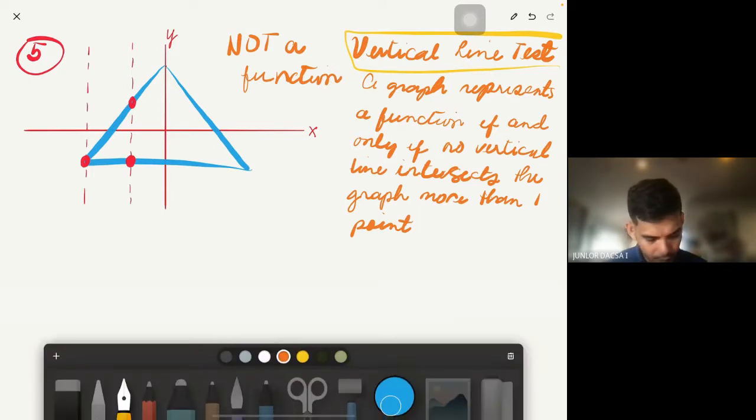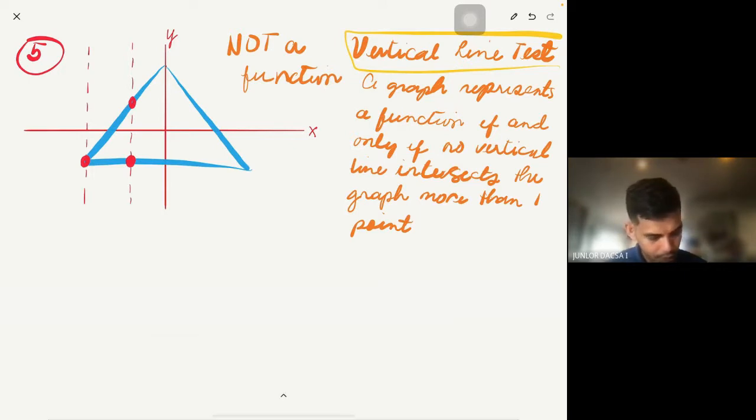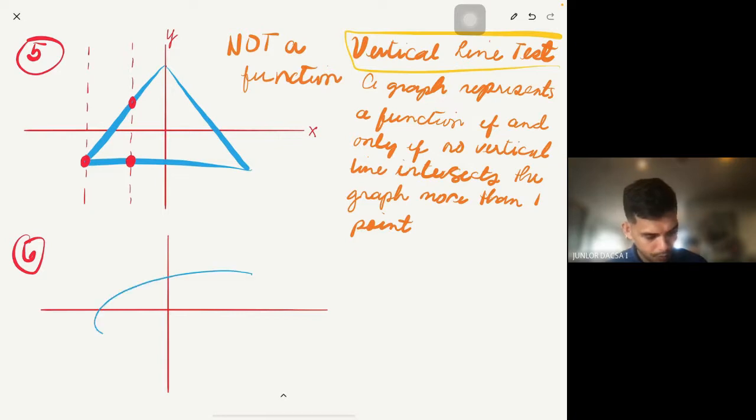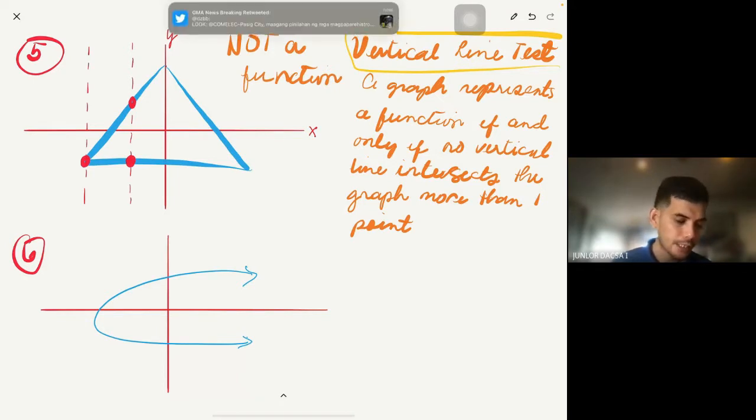So, another example is this one. Okay? So, through vertical line test, kailangan makahanap tayo ng more than 1 point pag nag-pass through yung vertical line dun sa graph na nakikita natin sa example number 6.